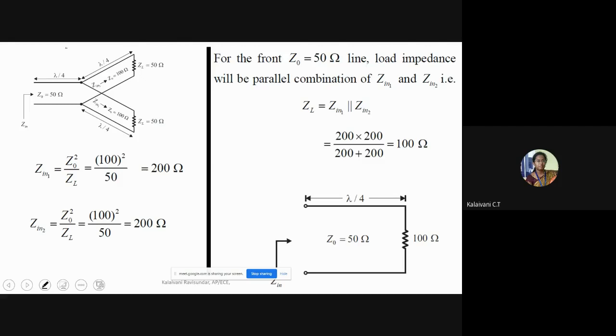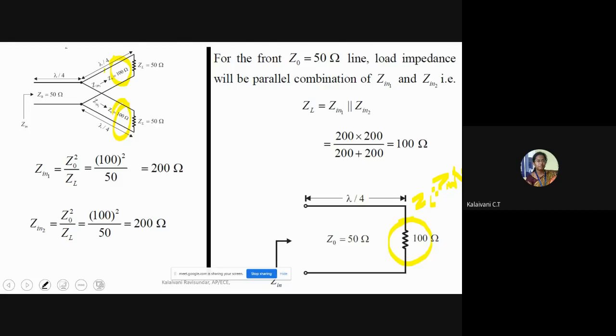Now, the same diagram I have redrawn here. See, these two wings are replaced by a single load resistance of 100 ohms. So ZL is 100 ohms, which we substitute here. Now it is easy to find Zin.